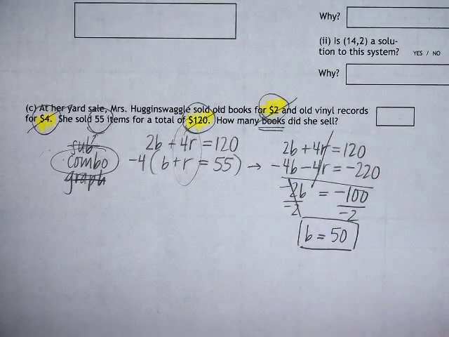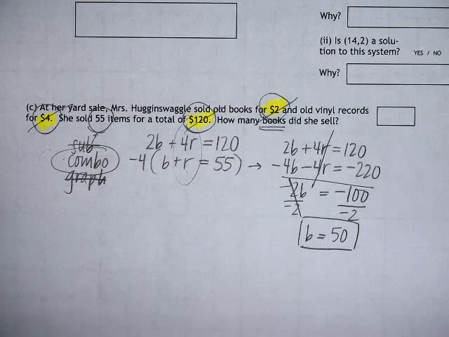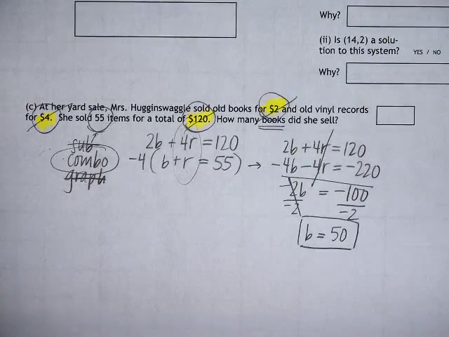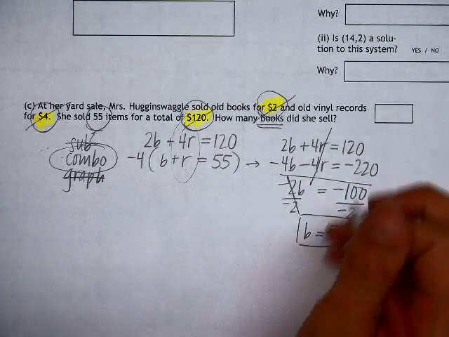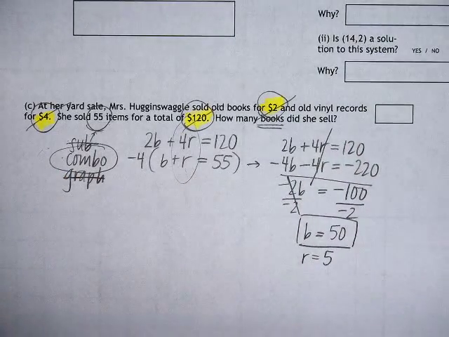Now, we can be almost sure that we're correct, but the only way that we'll know for an absolute fact that we're right is if we double check with the rest of the problem and make sure all these figures add up. So let's go back for a second and use that information to help us check. If b is indeed 50, then that means we sold 50 books, which forces us to have sold 5 records because we know she sold 55 items.